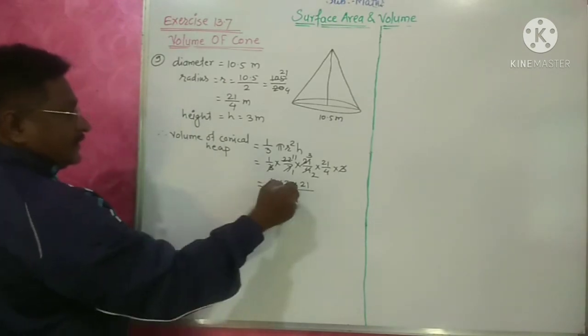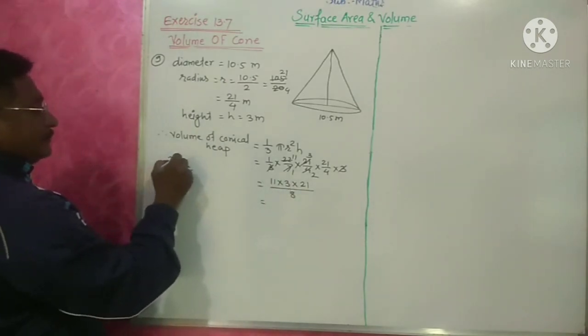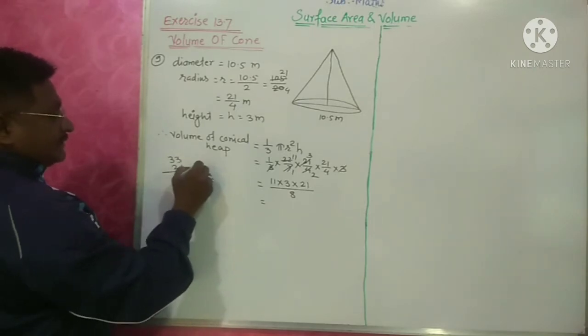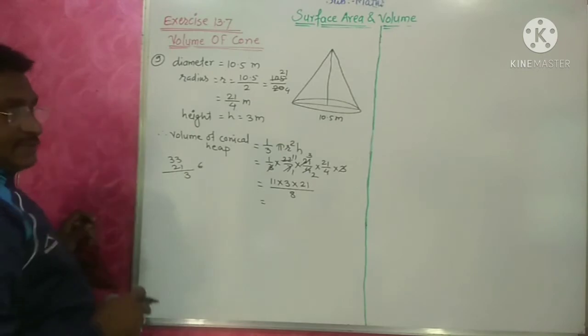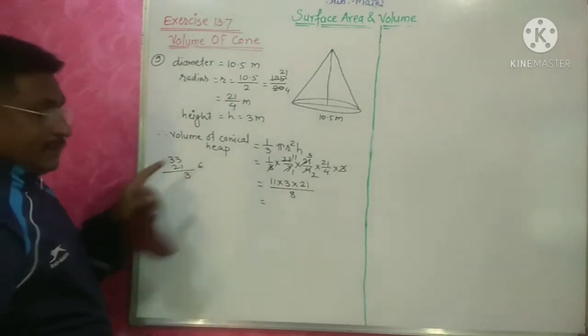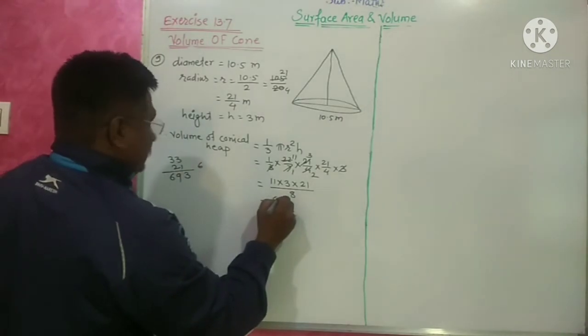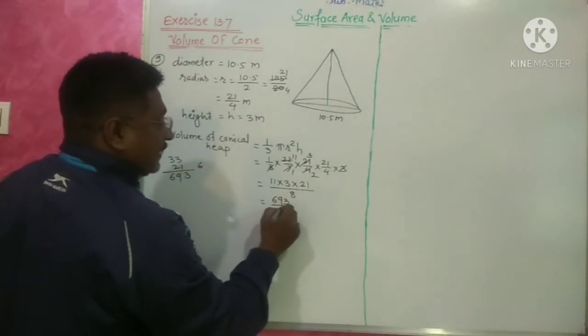So it is 33 into 21. 21 3s are 63. 6. 21 3s are 63. 63 plus 6, 69. 693 by 8.